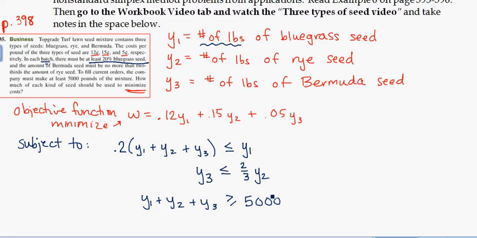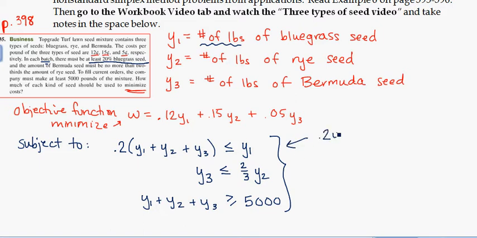Up to this point is really crucial: the fact that you can write down the variables, the objective function, and the constraints. This is really key, because if you can't do this, then you're not going to be able to continue this problem. Now the goal is to turn all these inequalities into equations by introducing slack and surplus variables where necessary. But I have a little bit of algebra to do in this first constraint.